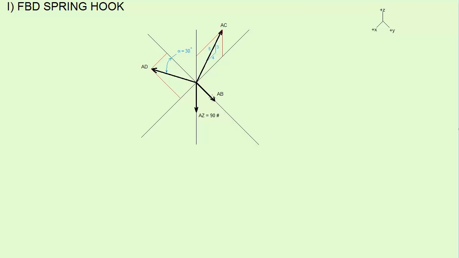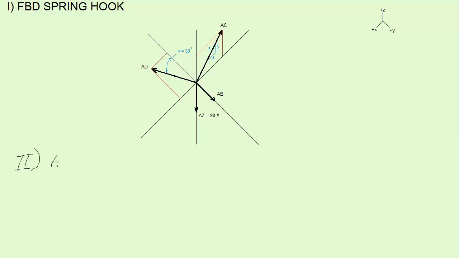Look in the z direction. AB has no z component. Likewise, AD has no z component. AC's z component is right here on the z-axis, and AZ is only a z vector. So there's 1 unknown in the z direction. That'll leave us with 1 unknown and an equation that we can solve.